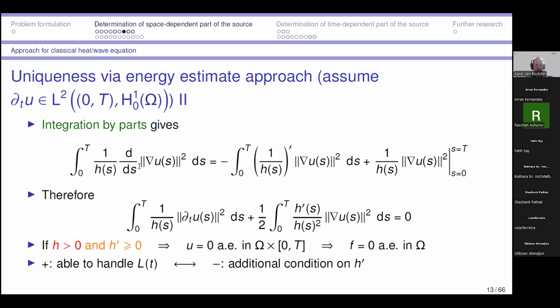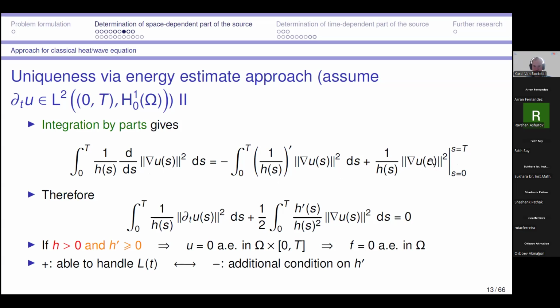Then we apply integration by parts, so we get the derivative of 1 over h, multiplied with the norm of the gradient of u to the power 2, with a minus sign, and the boundary terms are given here. But these boundary terms cancel out because initial data and final time measurement are equal to 0 almost everywhere in omega.